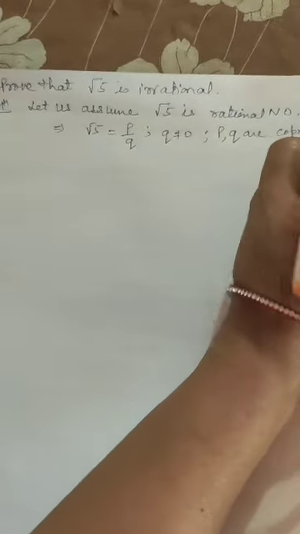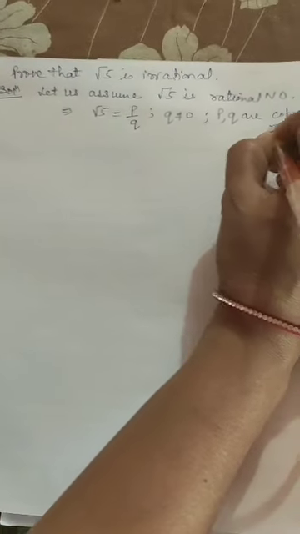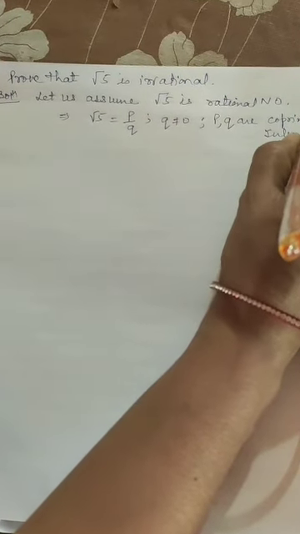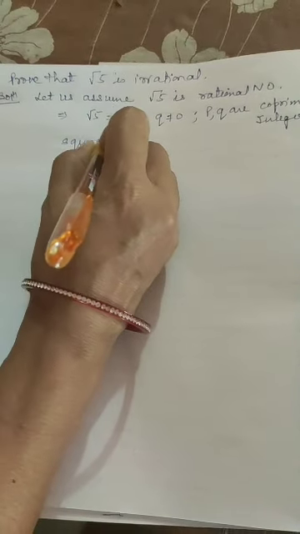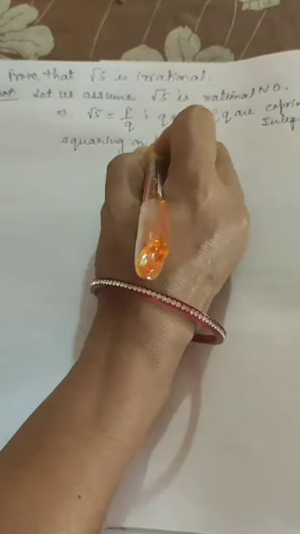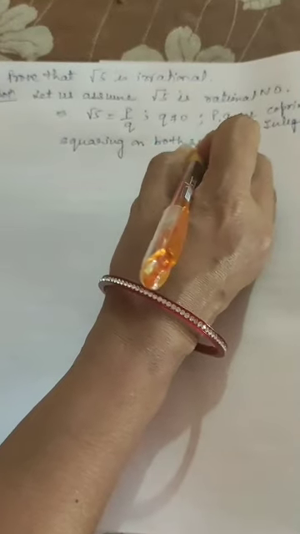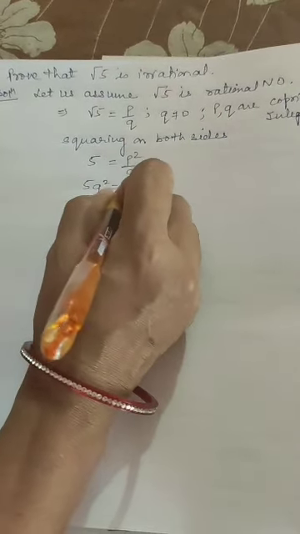Co-prime integers have no common factor other than 1. Squaring on both sides, 5 equals p square by q square. It gives 5q square equals p square.